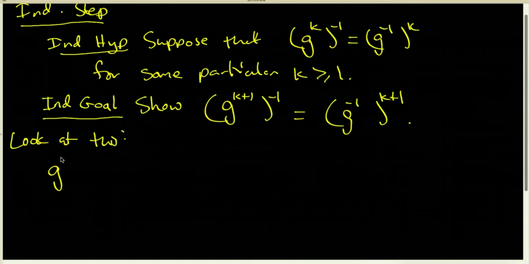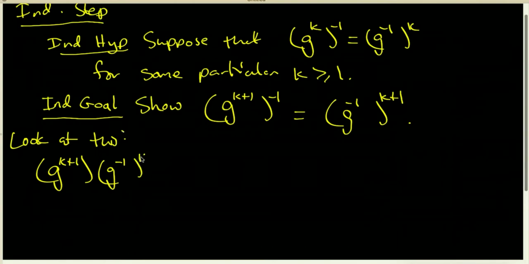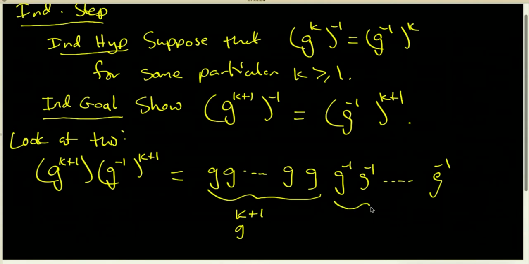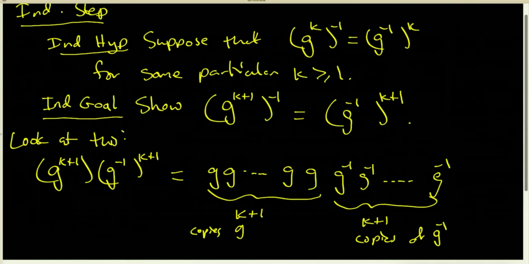If we have g to the k plus 1 times g inverse to the k plus 1, what we are looking at is g times g times g times g, where there are k plus 1 g's, and then we've got g inverse, all the way up to g inverse, and we have k plus 1 copies of g inverse here. And what I'm going to do is reassociate the parentheses.